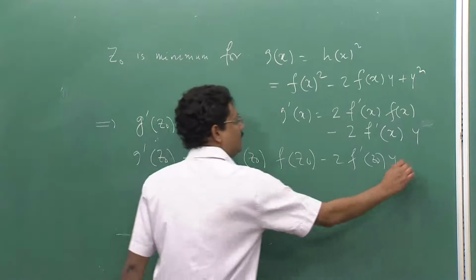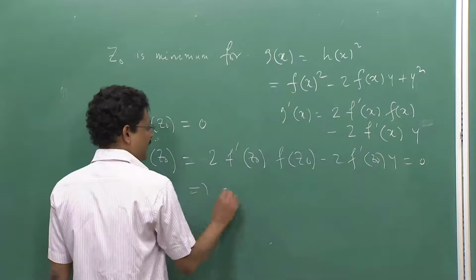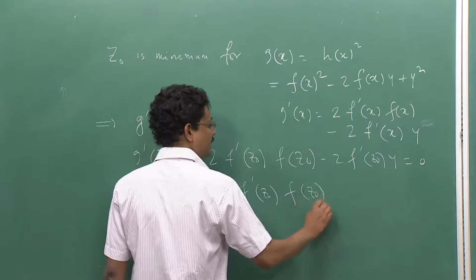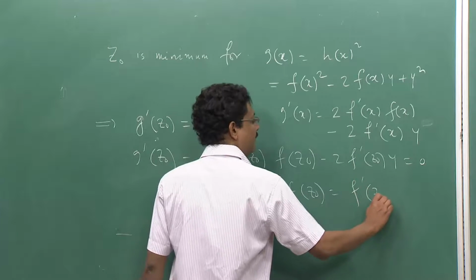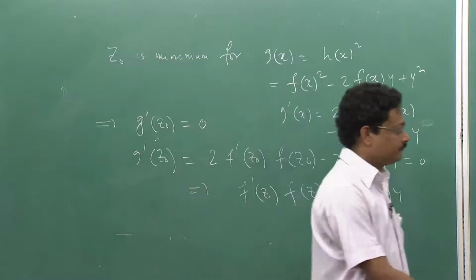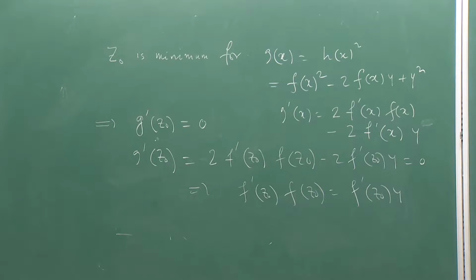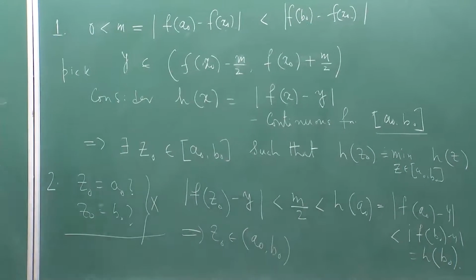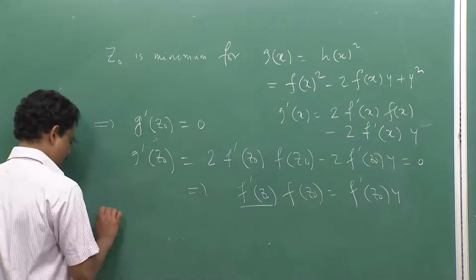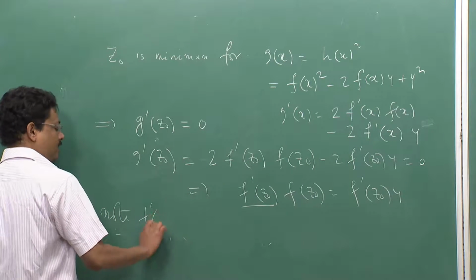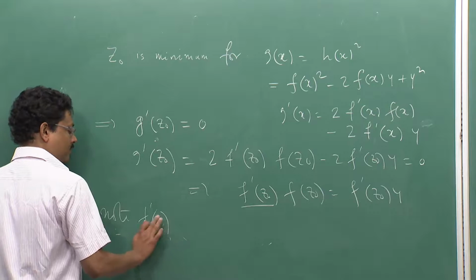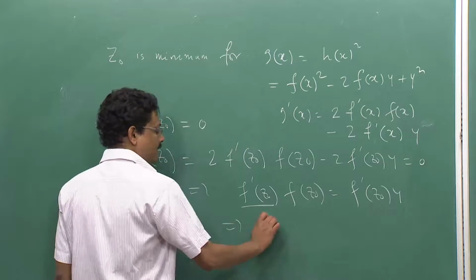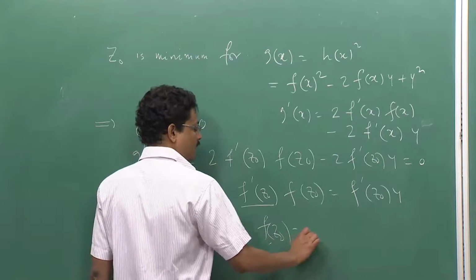This is equal to 0. This implies f prime z naught f z naught equals f prime z naught y. What happened? I have chosen the interval in such a way that f prime z naught is not equal to 0. So this will imply f of z naught equals y.